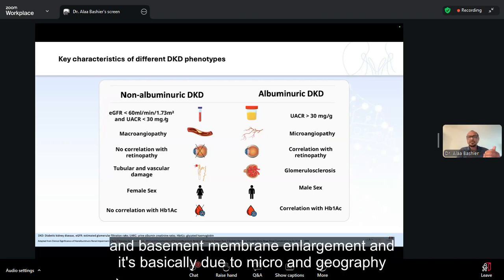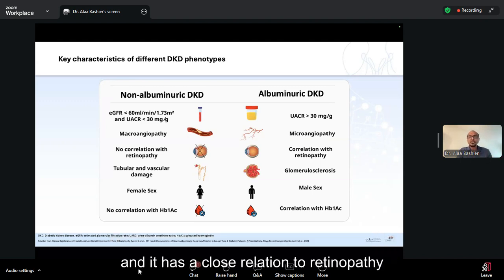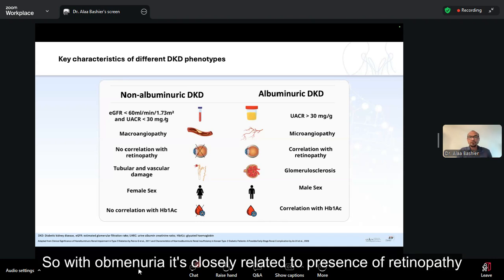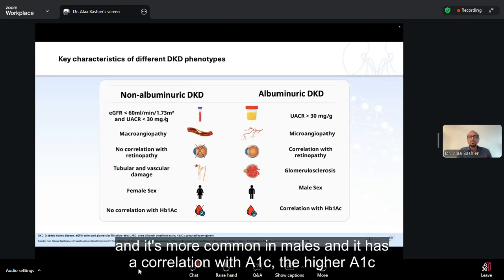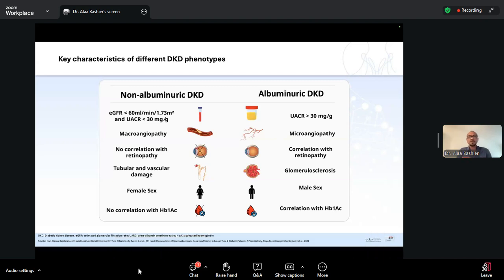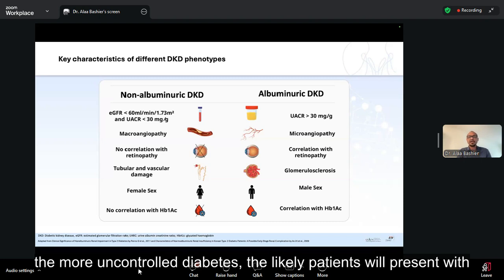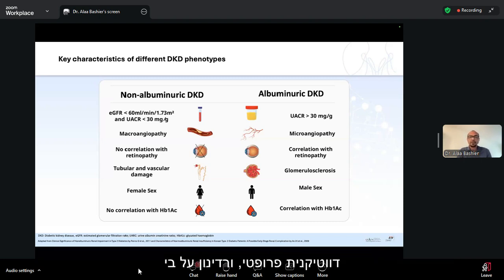It's basically due to microangiopathy, and it has a close relation to retinopathy. It's closely related to the presence of retinopathy, it's more common in males, and it has a correlation with A1C. The higher the A1C, the more uncontrolled the diabetes, the more likely patients will present with diabetic nephropathy.